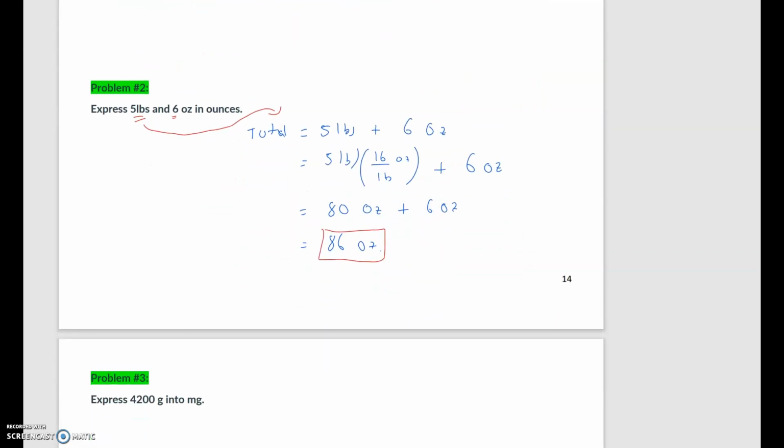And let me just write it as 5 pounds and 6 ounces represents a total of 86 ounces.